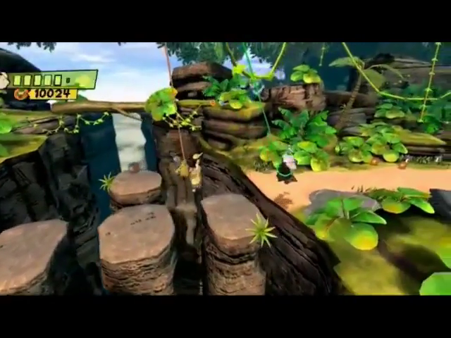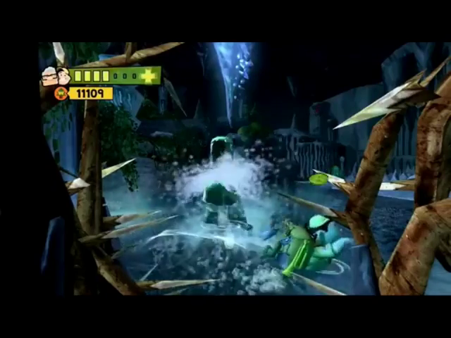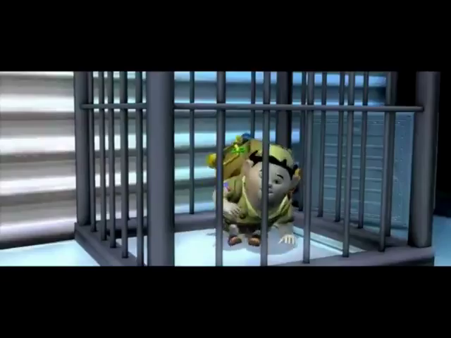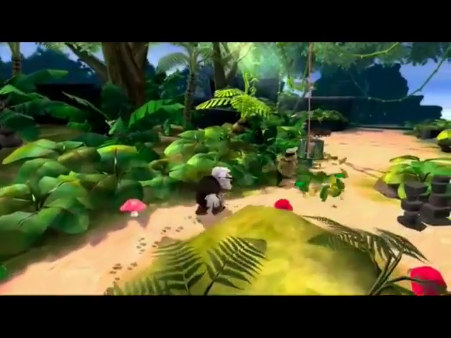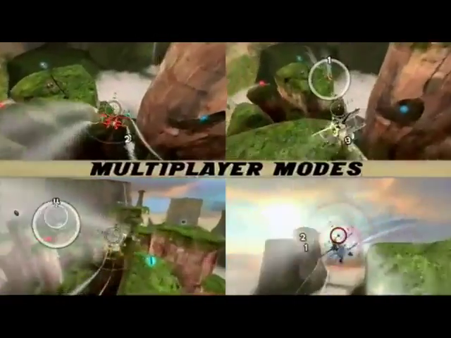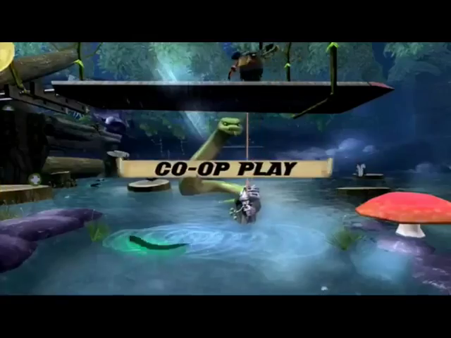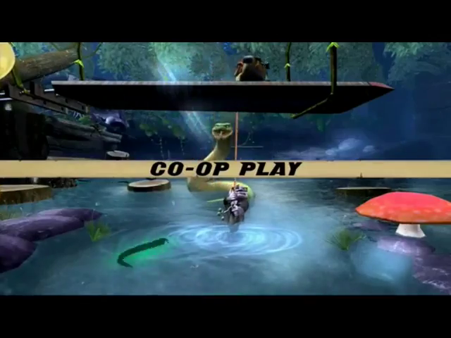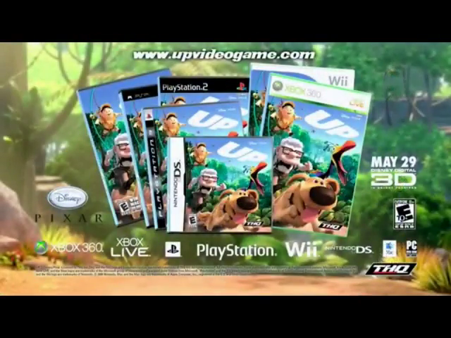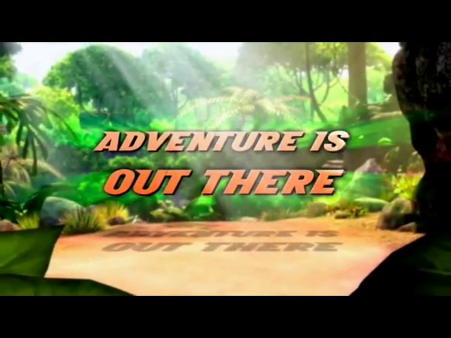That bird's in trouble. Battle dangerous creatures. Careful, Russell! Avoid getting captured. And experience the jungle adventure of a lifetime. He doesn't like the eel! Scramble all fighters and take down that house! Disney Pixar Up, the video game. Adventure is out there.